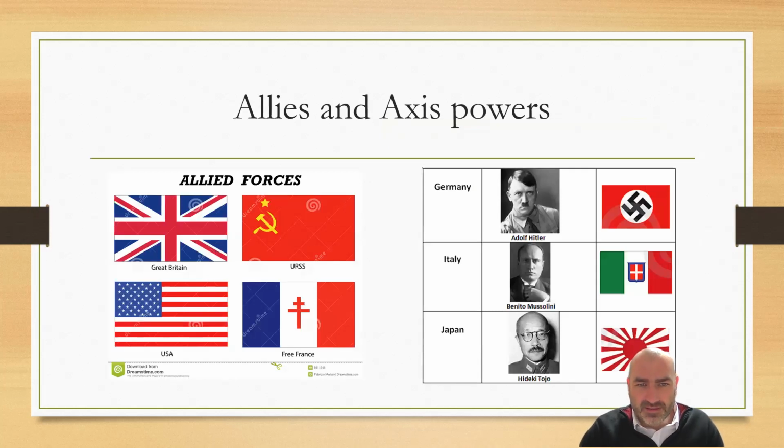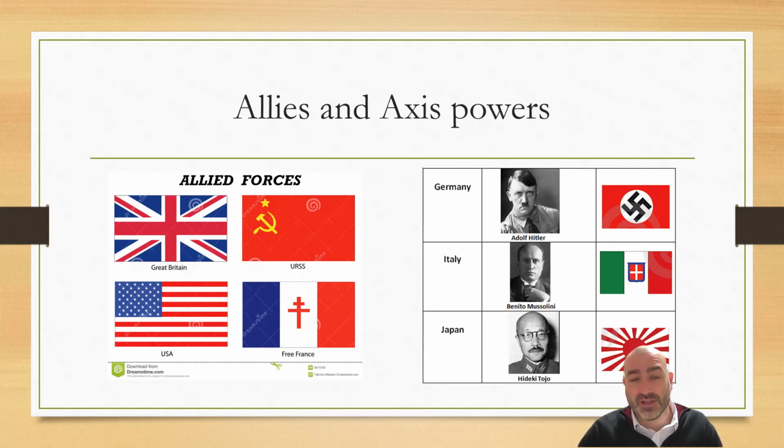So the Allies were led by Britain and her colonies and self-governed countries like Australia and New Zealand. And they were joined by the USA later and the Soviet Union, which is now modern Russia. The Axis powers, the powers against them, were Germany, Japan, and Italy.